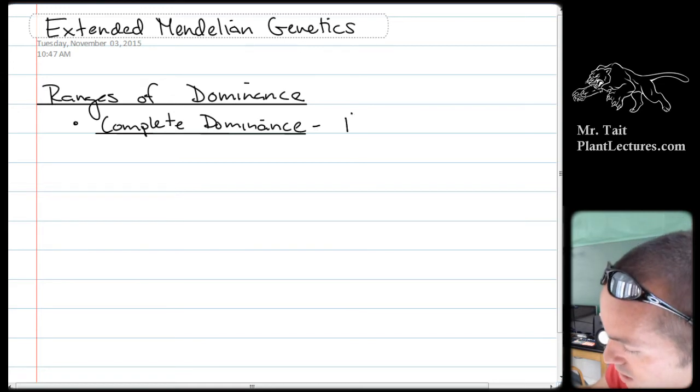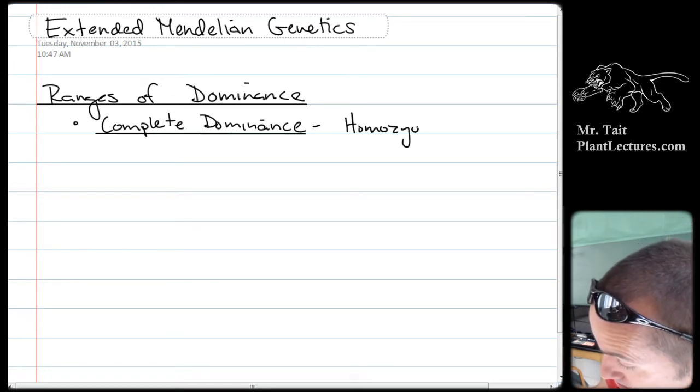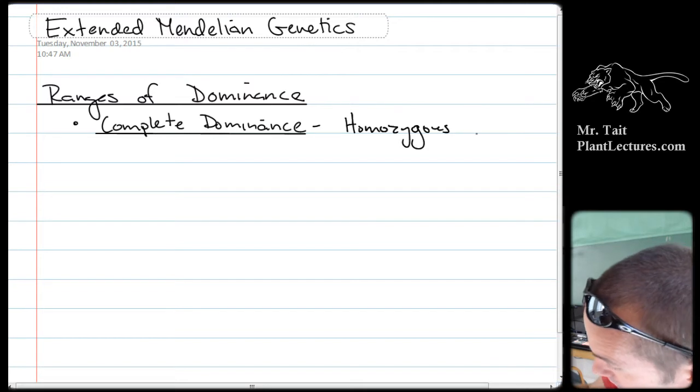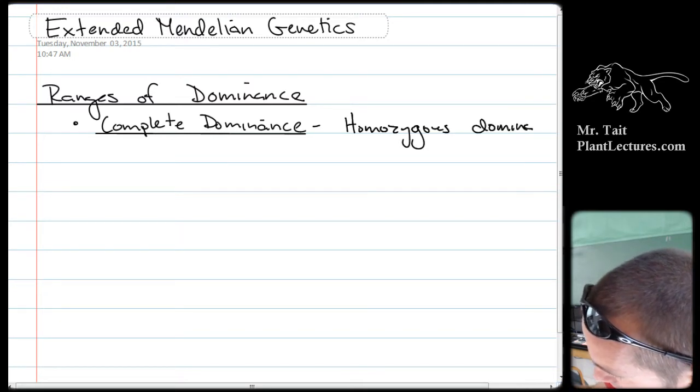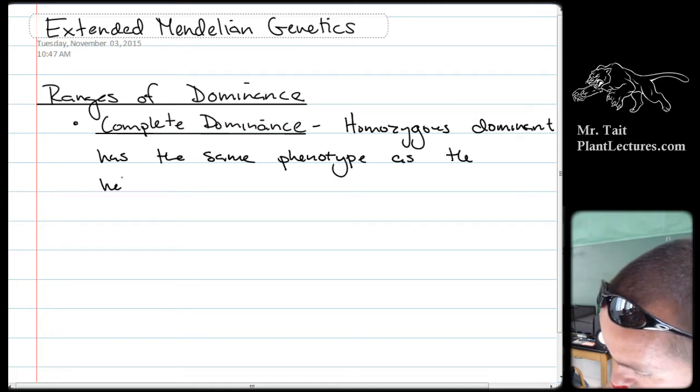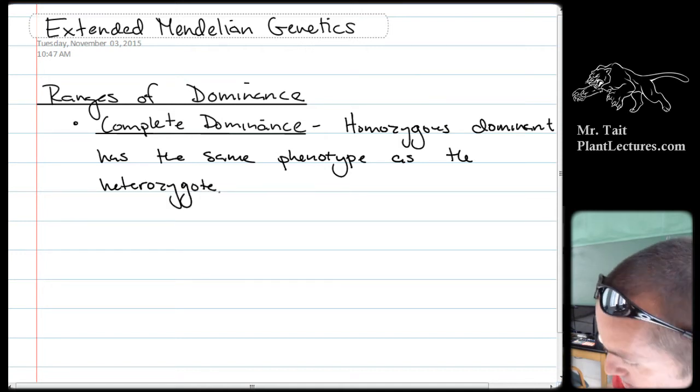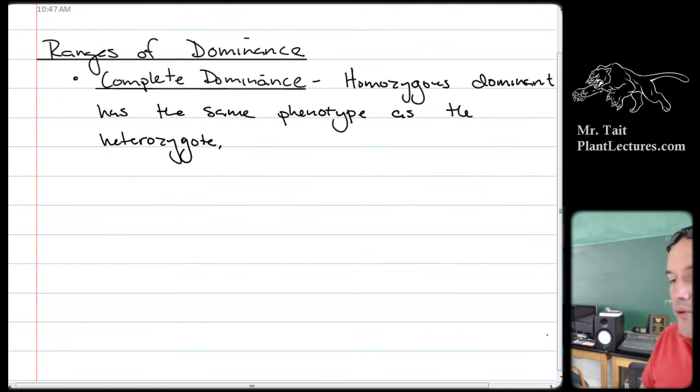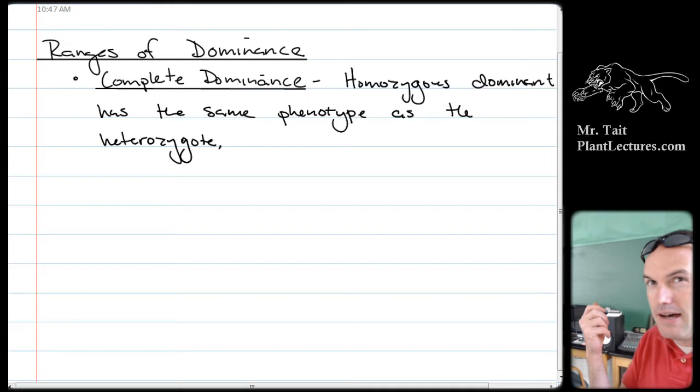Okay, so the homozygous dominant has the same phenotype as the heterozygote. Okay, so it is for this reason that we see things like recessive diseases that people can be carriers of.